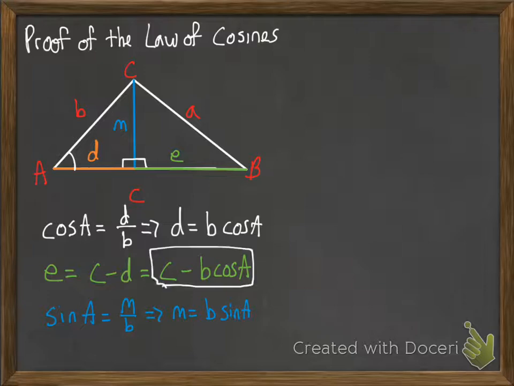So now we know the two legs of my triangle, and they're both expressed in terms of angle A. So we know this leg now, and we know this leg. And so now by the Pythagorean theorem, we can figure out what A has to be.